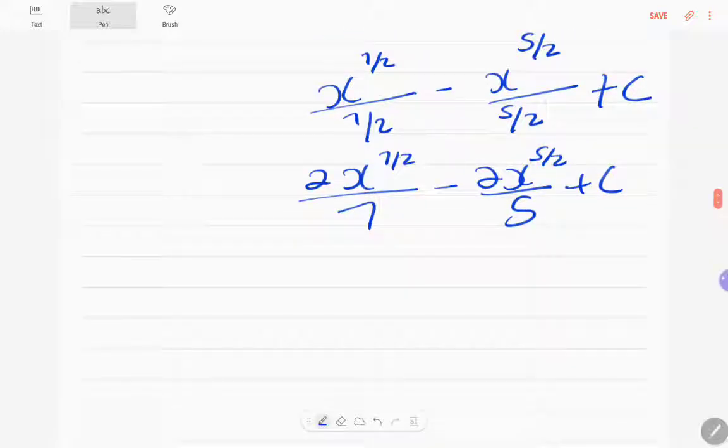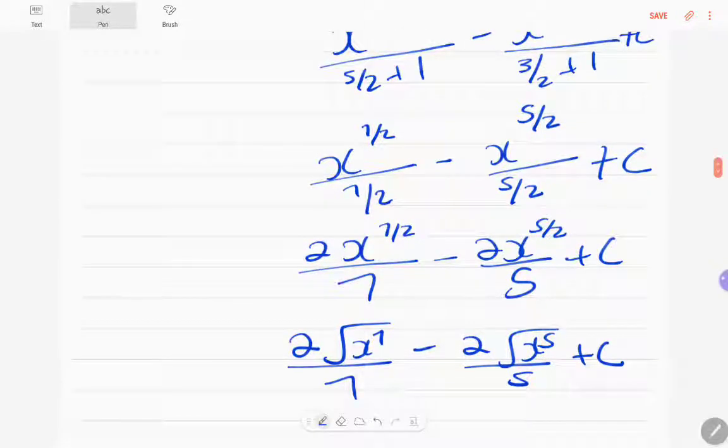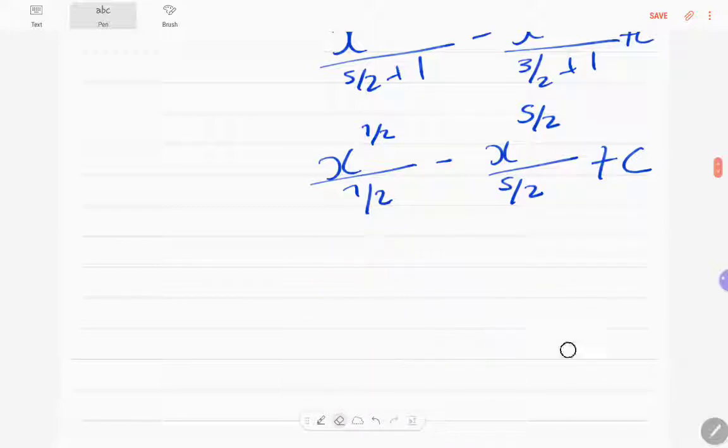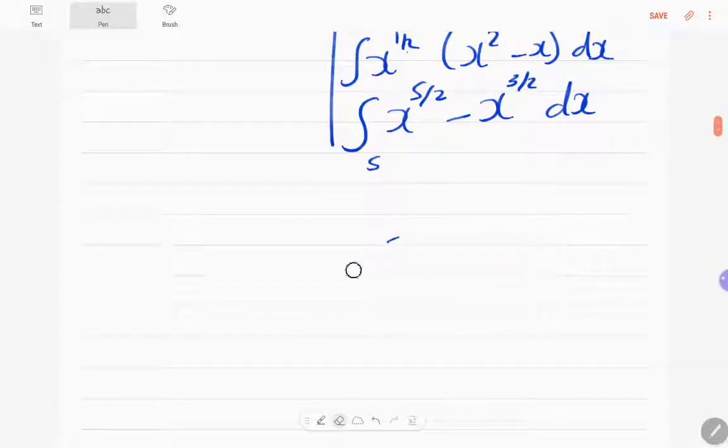And you can put it under a square root and say 2 root of x to the 7 all over 7 minus 2 root of x to the 5 all over 5 plus c. So this will be your final answer.